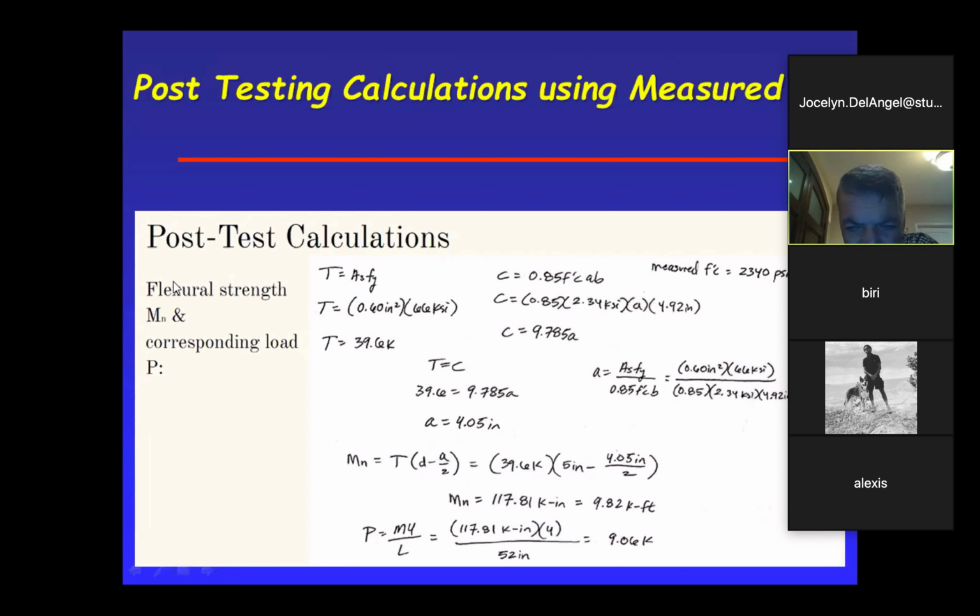See, P equals 9.06, okay, based on the post calculation. The pre-calculation, I think this was 10.9 or something. So of course this is going to be less because the concrete is weaker. So please, this needs to be in your report, okay? But everything is done for you. All you have to do is change your F prime C, the one I give you, then you do your calculation.